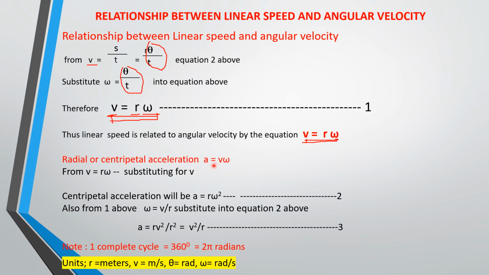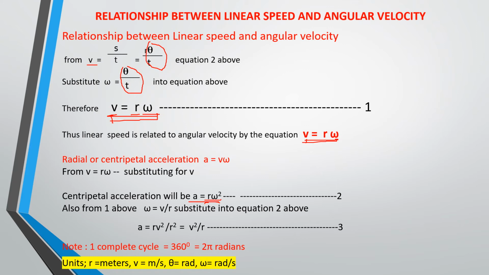Now, if you look at this equation, v equals r times omega, we can actually substitute for v into this equation. In place of v, if you put r omega, you will have this equation.